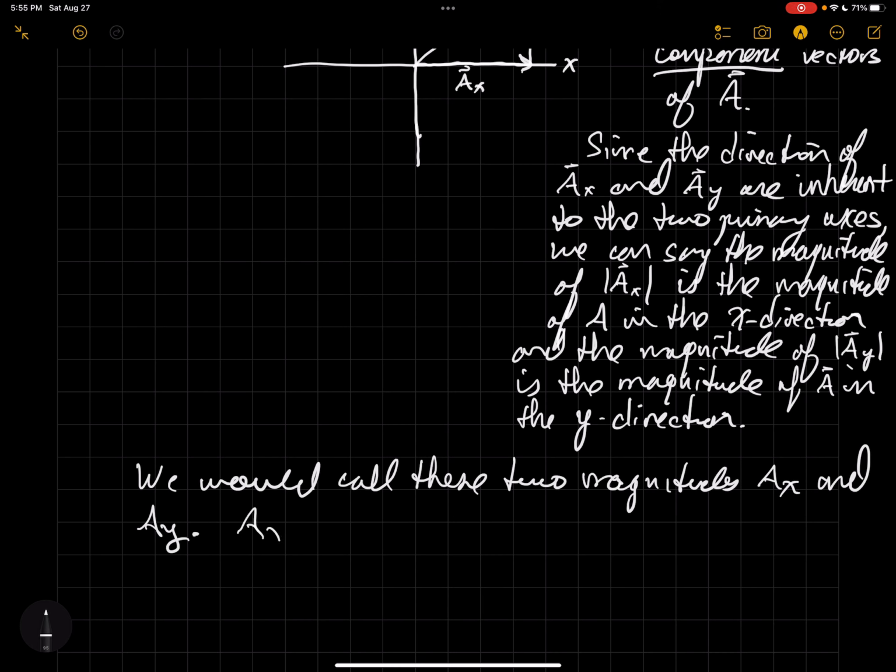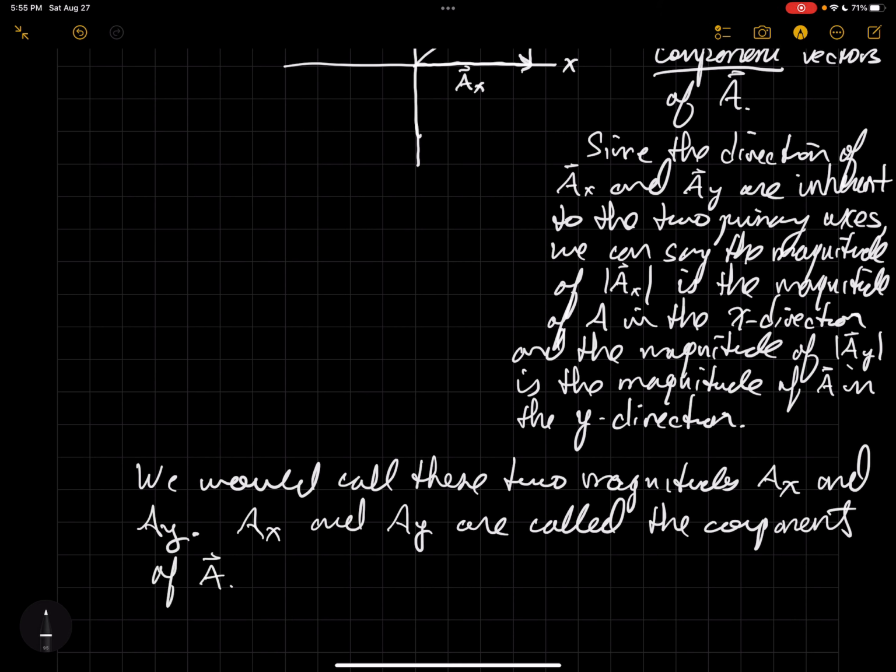And so AX and AY are called the components of vector A.